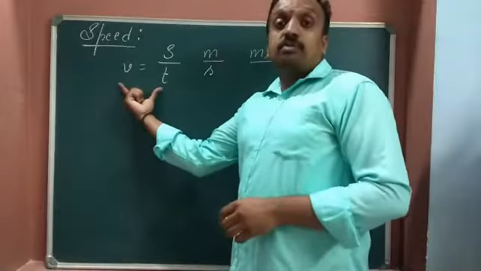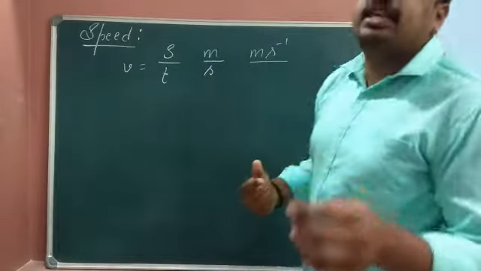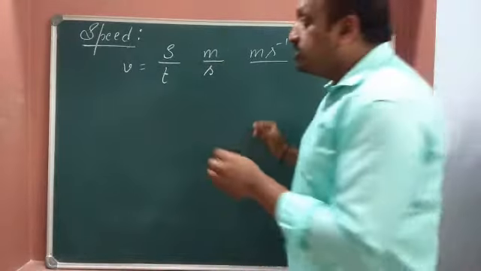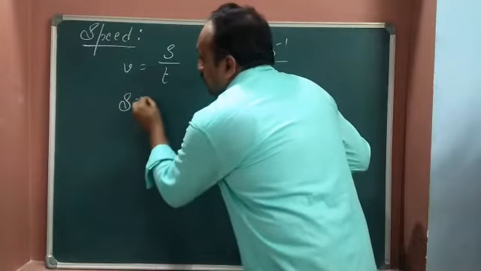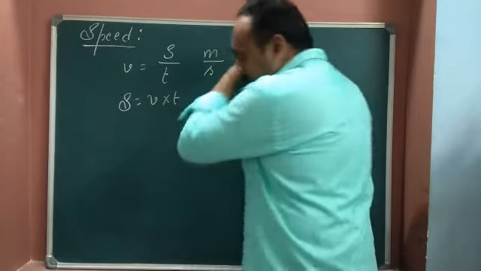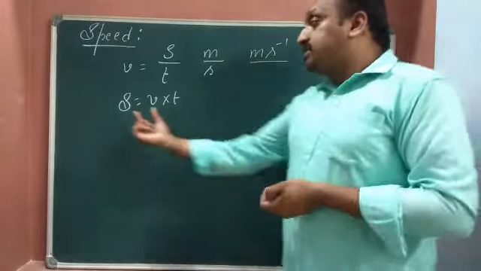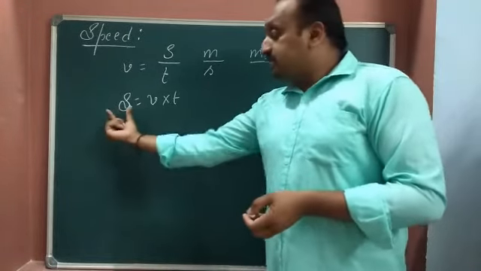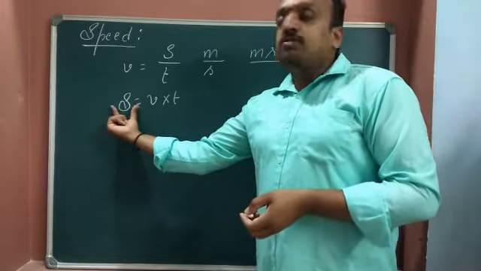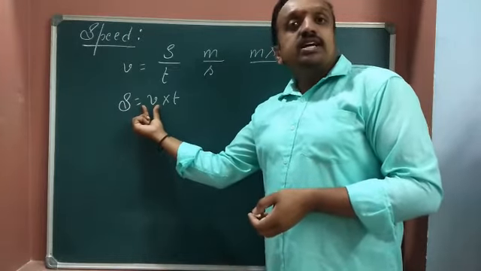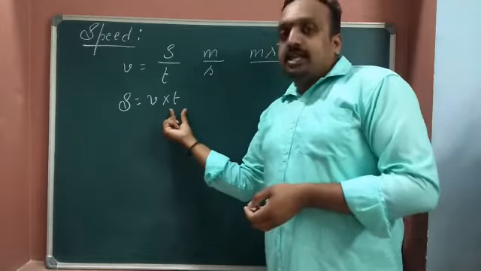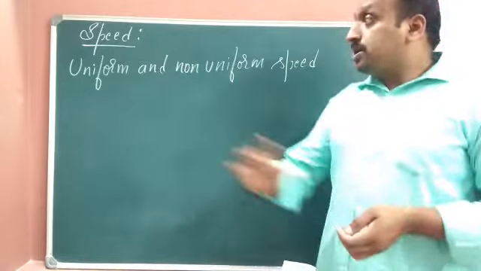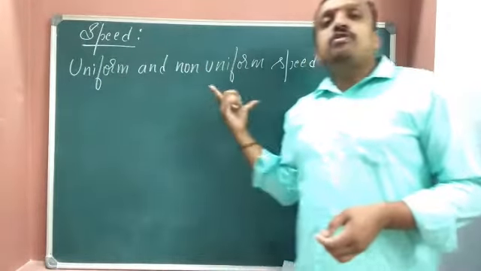With this formula we can also find the distance traveled, that is S is equal to V into T. With the help of S equal to V into T, we can find the distance traveled by an object moving with the speed of V in a time T. Now uniform and non-uniform speed.